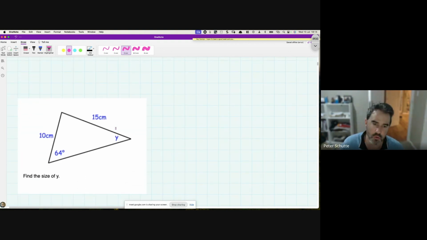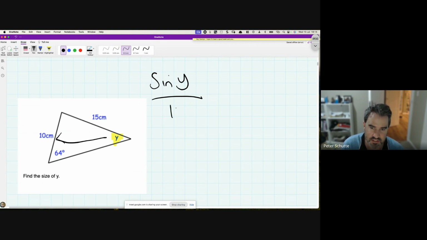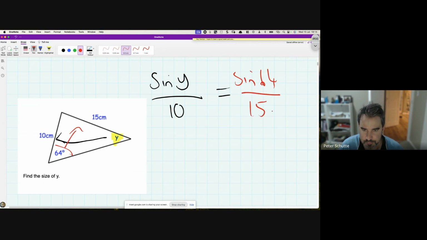So say that you want to find what the size of angle y is. I'm going to write the sine of y, and I'm going to divide it by the side opposite, which is 10. And that is going to be equal to the sine of 64 divided by the side opposite that.